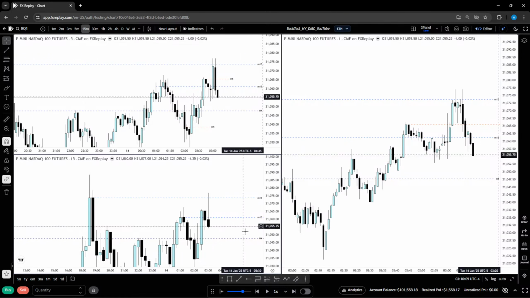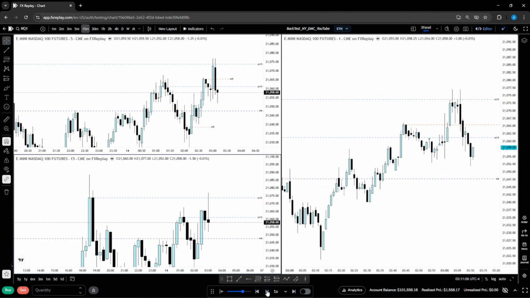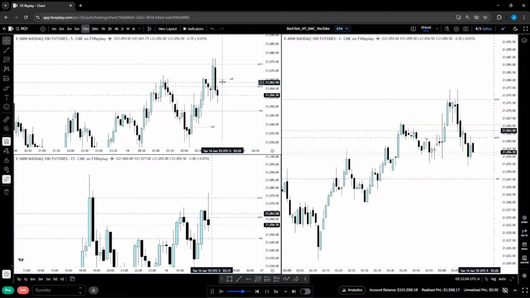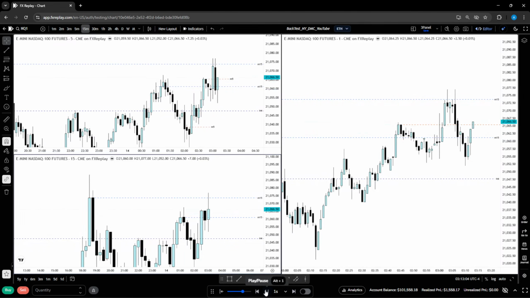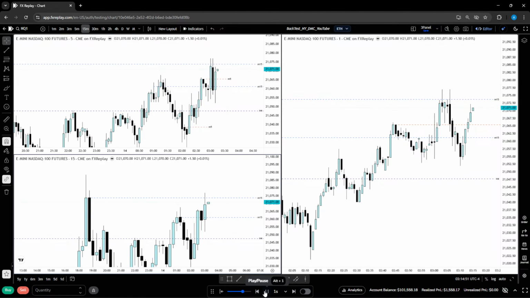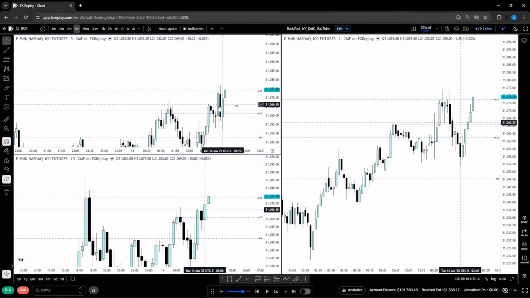And in 5 minutes we'll see if it's going to go back up or we're going to continue go down. This is another level we could reject off of. So we'll see if we close above this level or no in the next 5 minutes. Okay, so we regained this level. Now we're making our way back up.